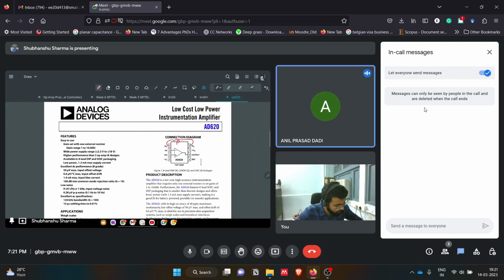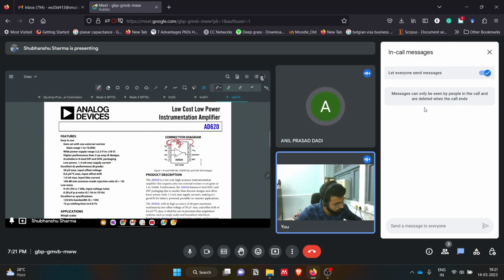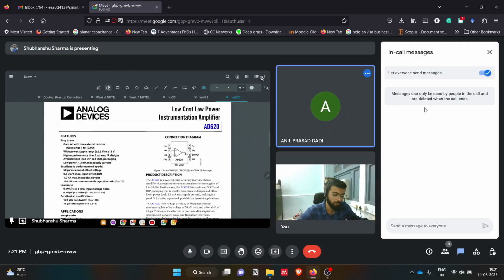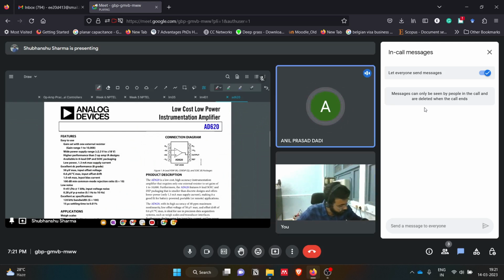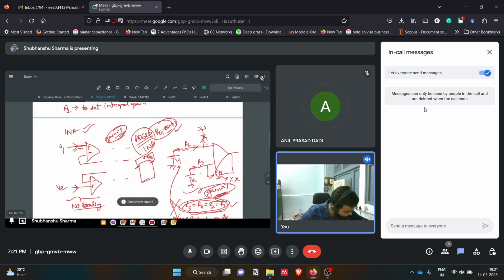This is the value of RG. So if you are not connecting any resistor, if nothing is there, then what is the RG? Tell me. Infinity. Yeah. So you don't have to attach any resistor there, and it will give a gain of 1. Okay, so that is the case.